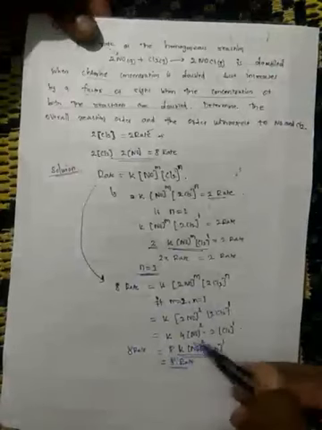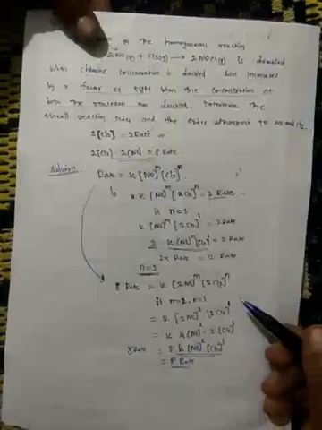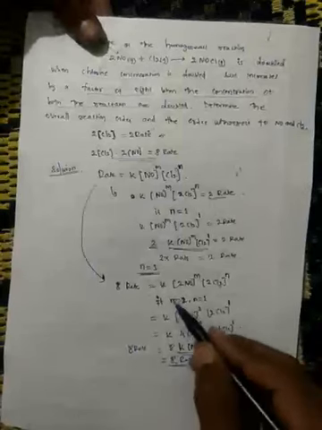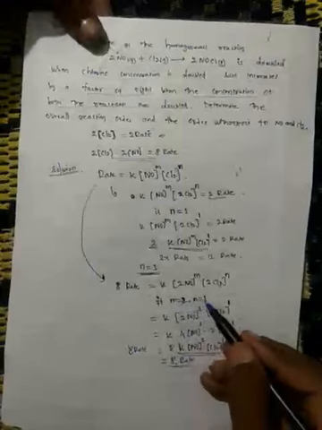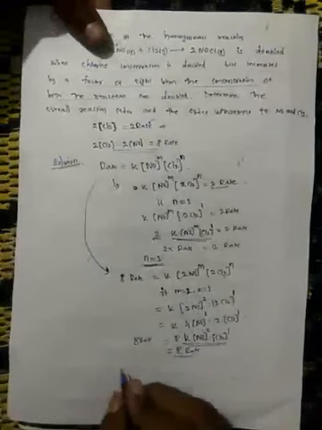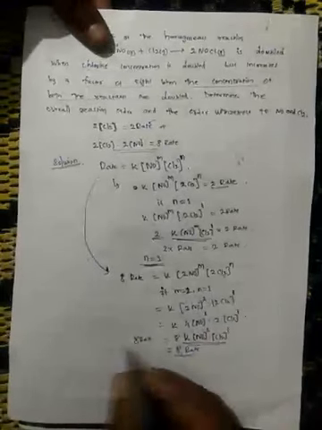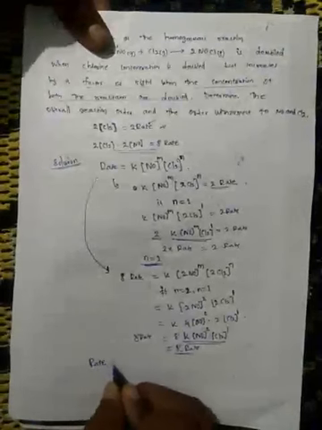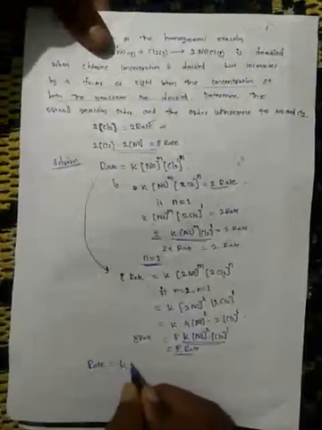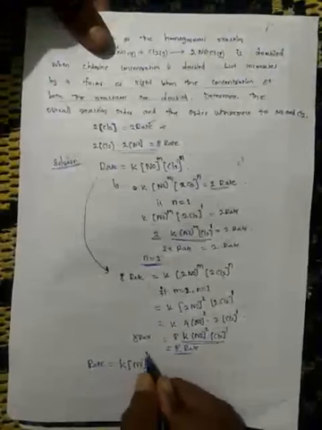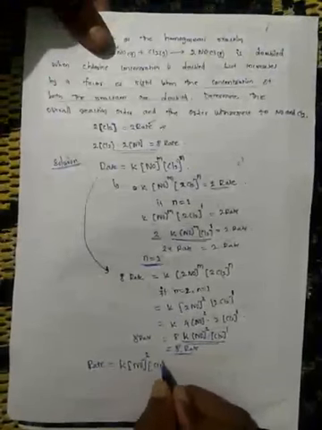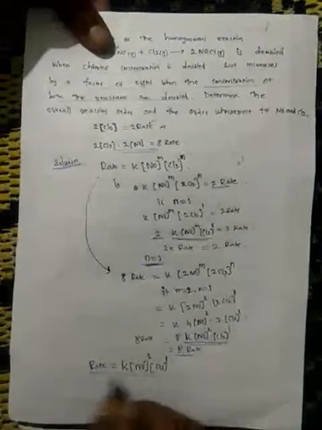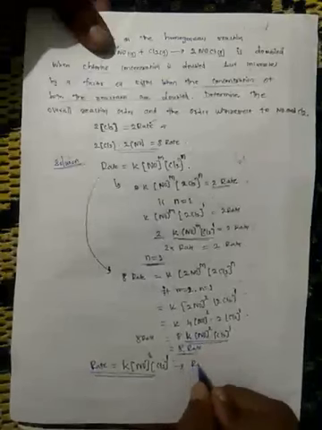This is possible only when M equal to 2 and N equal to 1. Therefore, I can write this general rate equation as rate equal to K times [NO]^2 [Cl2]^1. This is the rate equation.